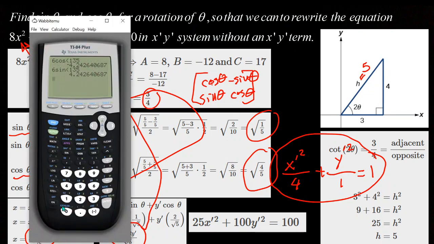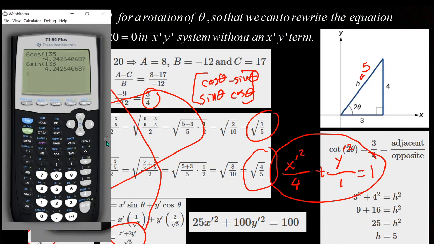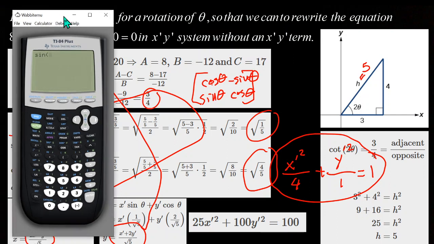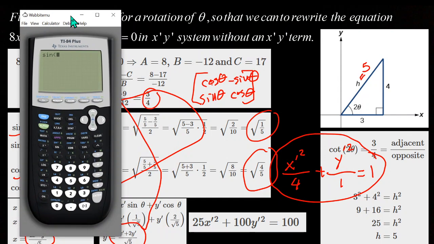Where's my calculator? I'm going to move it to degree. It's already in degree. So I'm just going to do sine inverse of, what was the sine? It's 1 over square root of 5. Am I in degree mode?